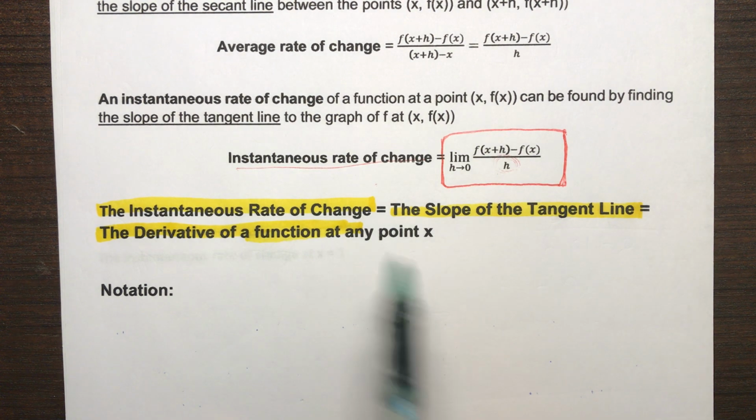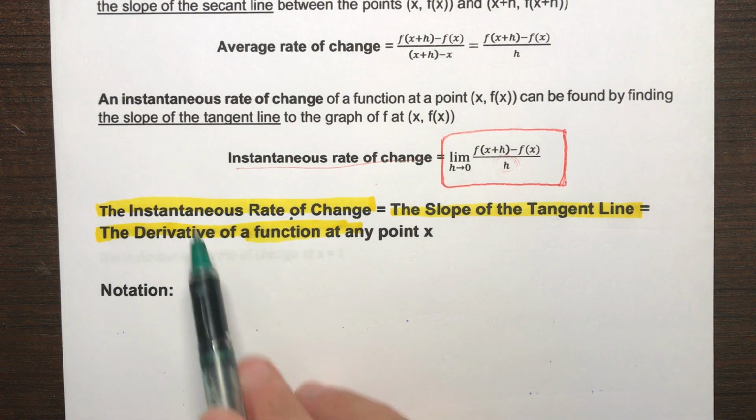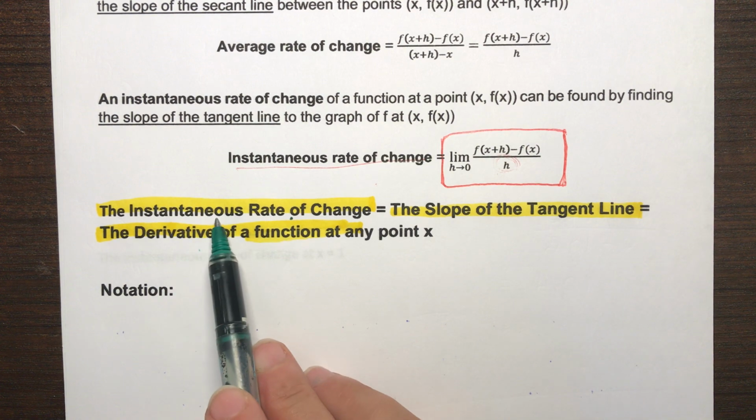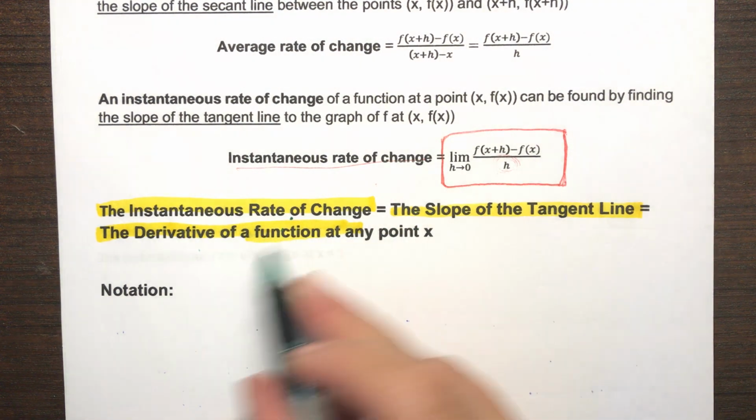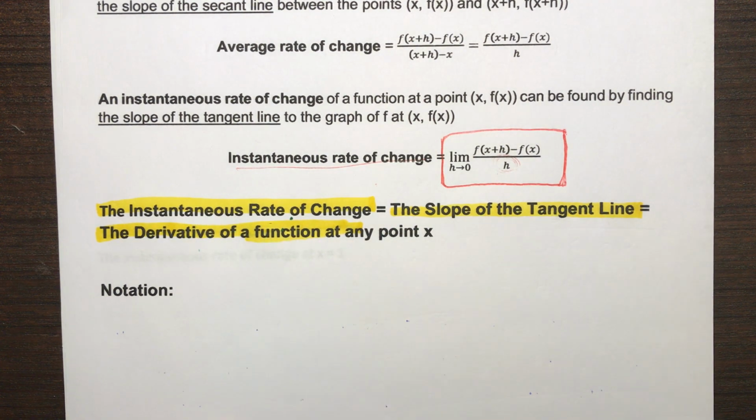So why do we find a derivative? To find an instantaneous rate of change in a function, which is measured by the slope of the tangent line to that function. So that's the name of it all. Derivative is much less to say, okay?